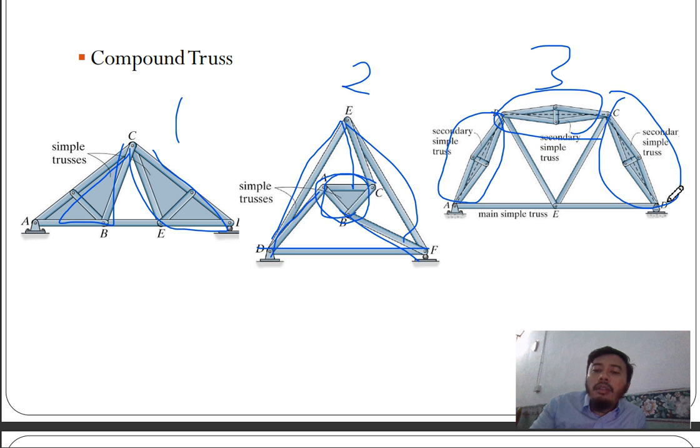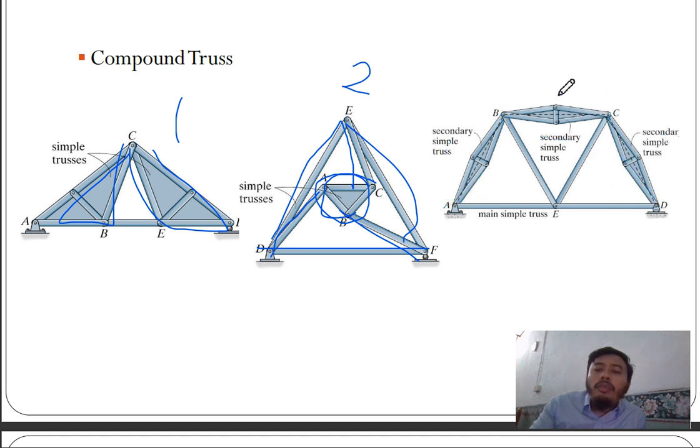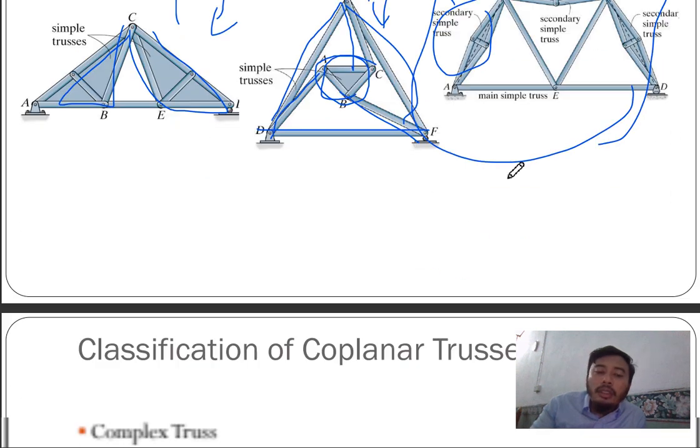Instead of having a large simple truss, the members are replaced by secondary simple trusses. Overall, you have more simple trusses compared to type 2 and type 1. So this is for larger structures.